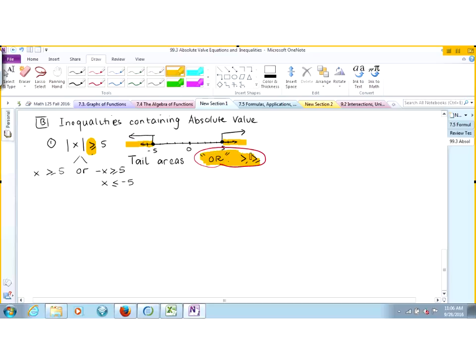So or is for greater than or equal to. What is your solution in interval notation? Negative infinity, comma, negative 5, bracket, union, bracket 5 and 7. Yes. That's it.